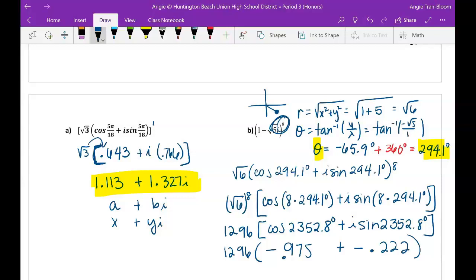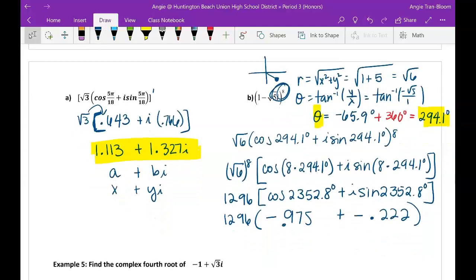Okay, so here we are. This is what we have. So now I have to distribute. Oh, I forgot that i. There you go. So let's distribute 0.222 times 1296. This is giving me a negative 287.71i, rounding to 2 decimal places.